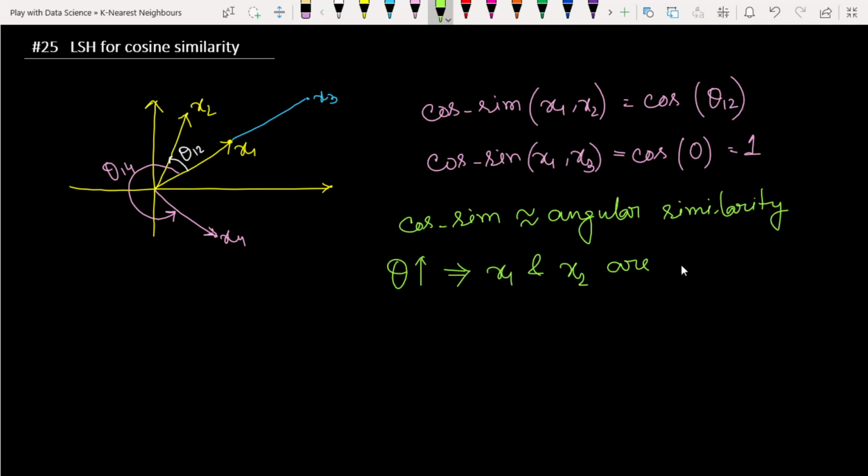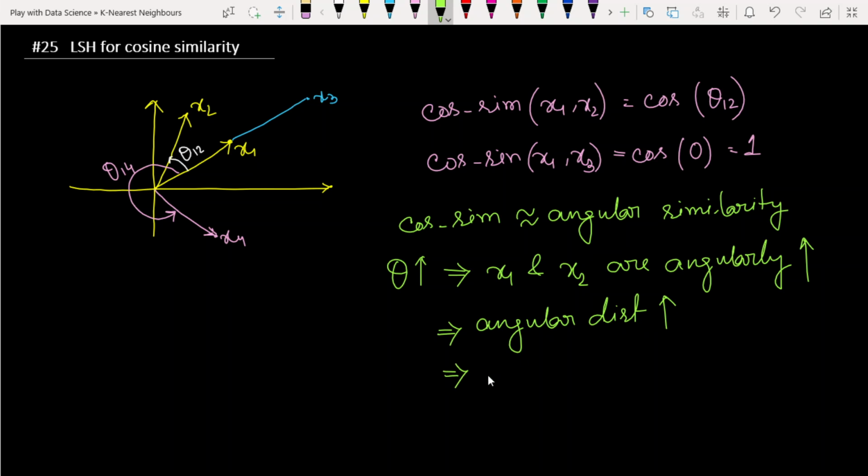If x1 and x2, the two vectors, are angularly further apart, that implies the angular distance is increased, and this implies simply that the cosine similarity is decreased.